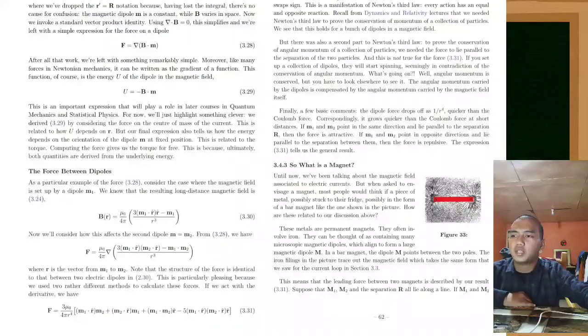The iron filings in the picture trace out the magnetic field, which takes the same form as that we saw for the current loop in section 3.3. This means that the leading force between two magnets is described by our result, 3.31. Suppose that m1, m2 and the separation r all lie along a line.